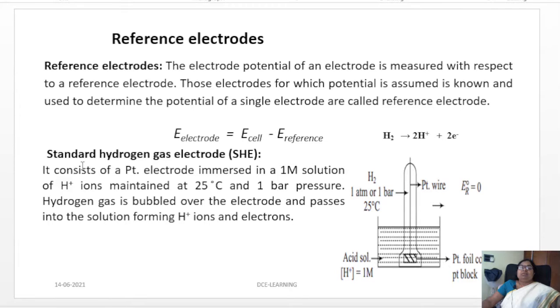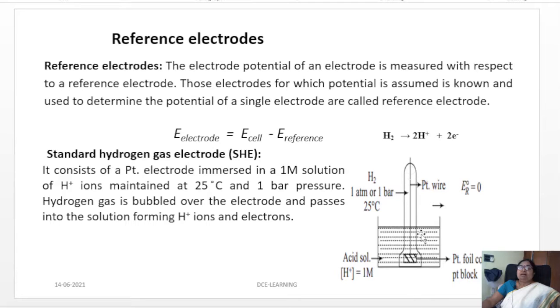First, we are going to know about the standard hydrogen gas electrode, which we call SHE. It consists of a platinum wire electrode immersed in a 1 molar solution of hydrogen ion concentration. Usually we use 1 molar HCl.